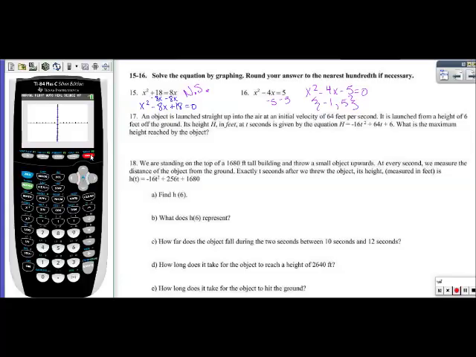And if we're wanting the maximum height, that means we're going to need the y value. Now, here you can see this part and this part of the graph, but we need to make our y-axis bigger. So I'm going to go to my window, and I'm going to go down, and this is just a guess. I'm going to try -30, +30. Press graph. It may not be enough. I may have to do more. Yep, that's not enough. So I think I'm going to try 60.